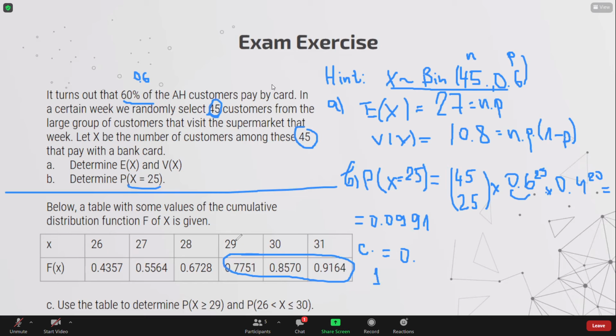So for example, 29 here doesn't include only 29, but includes 27, 28, 26, and so on. So here we have to take 1, and you have to subtract the number that is right before 29. That's everything below 29. Because here, we don't include anything that is above.